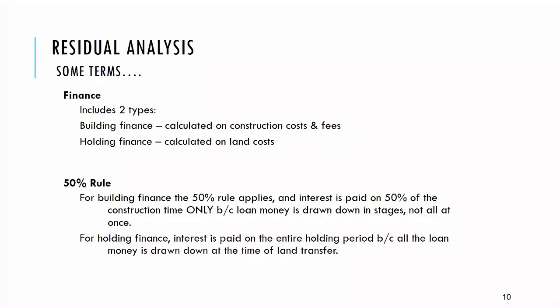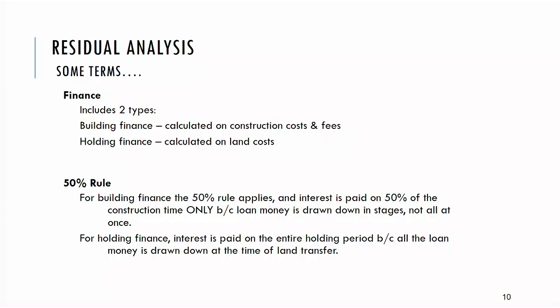So the period of the payment of the loan is related to the construction phase, earthwork or the structure? Construction work. It's related to the progress of the construction. If you are delayed, you won't get the loan amount at the time. Once you progress, yeah, then you will get the loan amount. Right. So for building finance, the 50% rule applies.